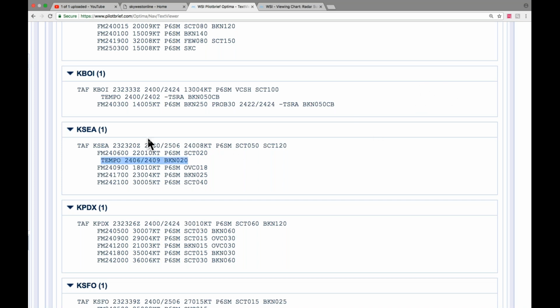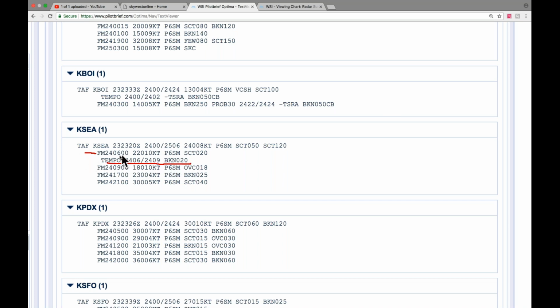So then temporarily, from 06 Zulu to 09 Zulu on the 24th, you're going to have a broken ceiling at 2,000 feet. So something interesting here. You guys remember how I said that this isn't always going to take up the entire window?